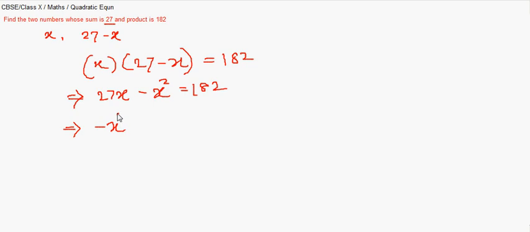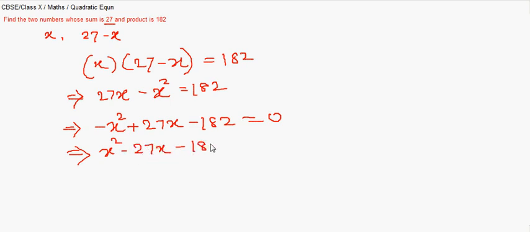So it is x square minus 27x plus 182 equals 0. Now we need a factor pair of 182 adding to 27, so it is 13 and 14.